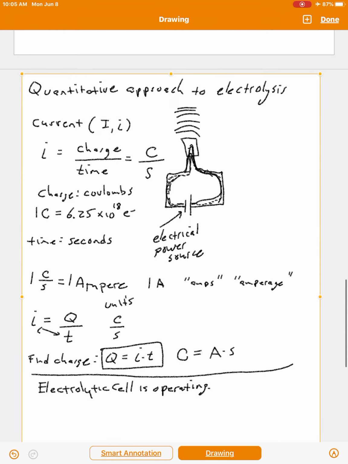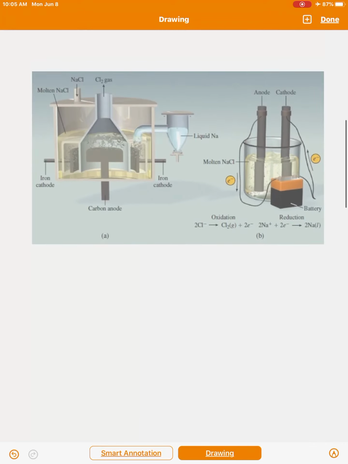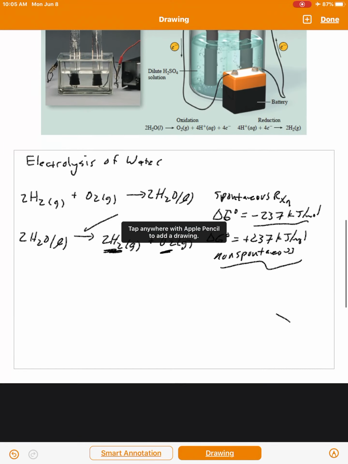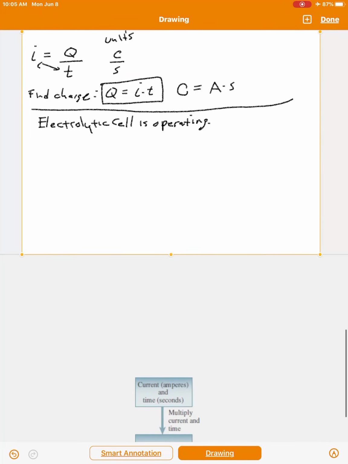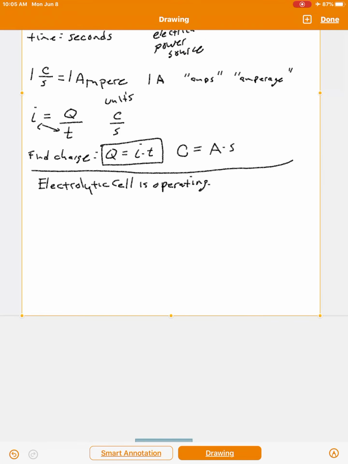It could be the electrolysis of water. It could be the electrolysis of molten sodium chloride, or it could be some other electrolytic cell. Okay? But it's an electrolytic cell.